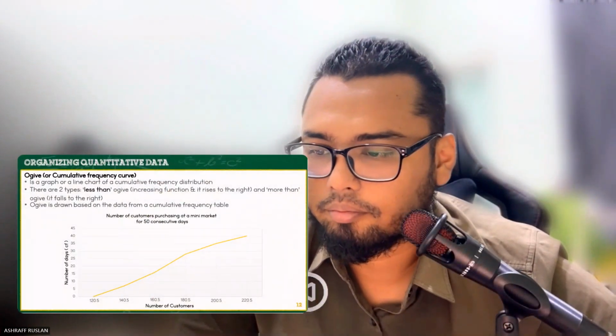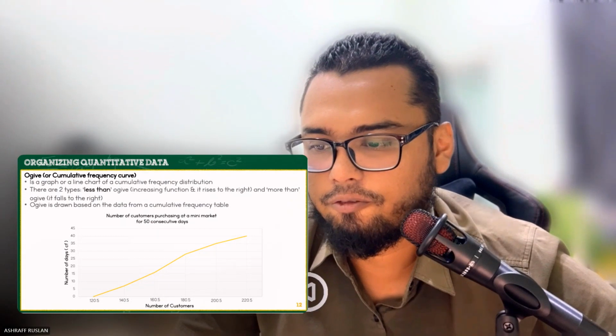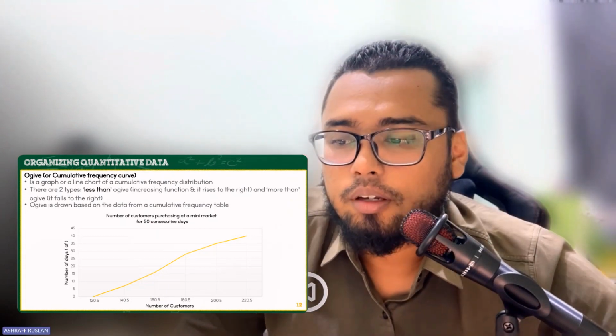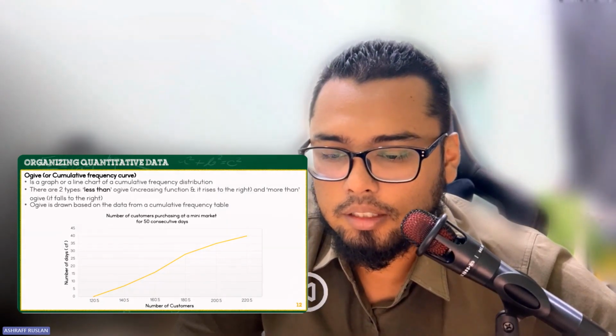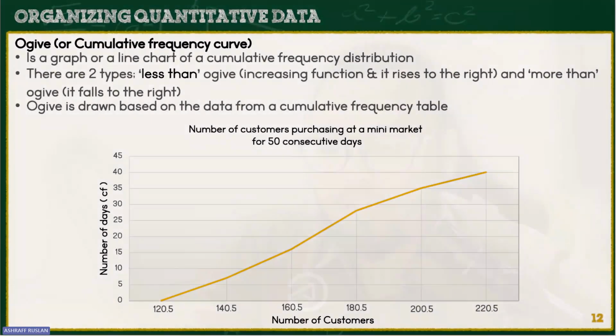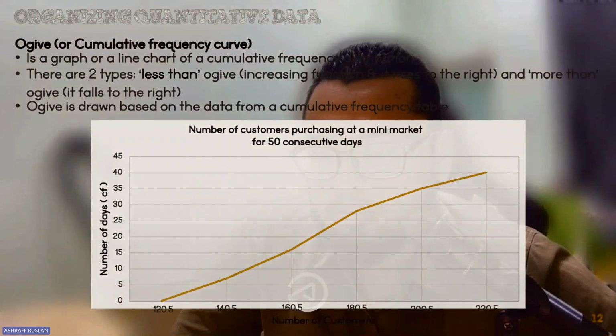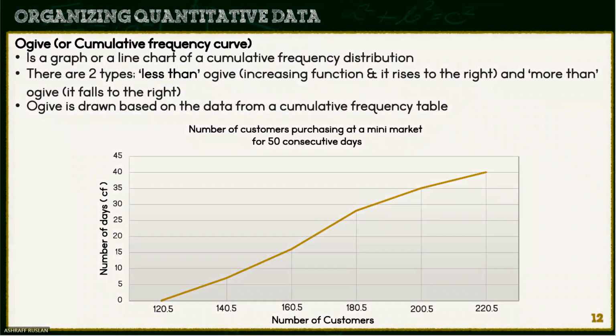Okay, now OGIF, ataupun we call it as cumulative frequency curve. Tadi kan kita dah buat cantik-cantik curve tadi. Macam mana kita nak representing into ogive?